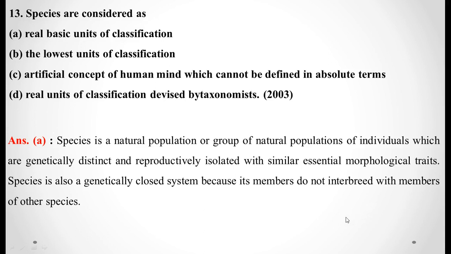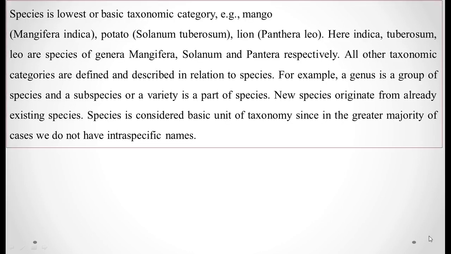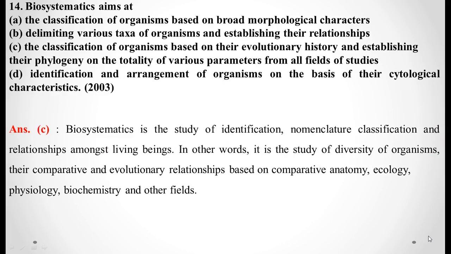So next question, number 14. Biosystematics aims at the: classification of organisms based on broad morphological characters, delimiting various taxa of organisms and establishing their relationship; classification of organisms based on their evolutionary history and establishing their phylogeny on totality of various parameters from all fields of study; identification and arrangement of organisms on the basis of their cytological characters.